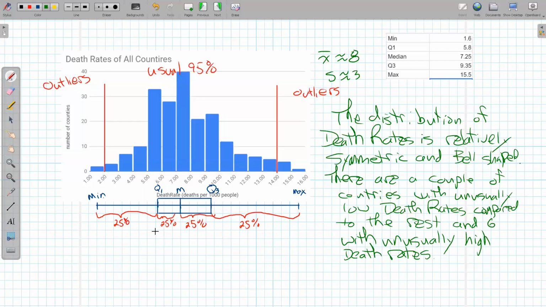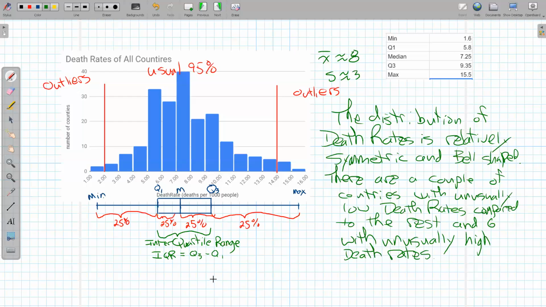Based on this, we can make another statistic, the width of the box. The width of the box is known as the interquartile range, and it's abbreviated IQR. And the width of the box is simply Q3 minus Q1.